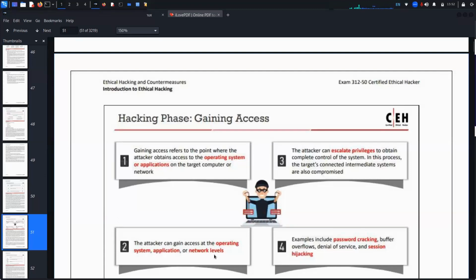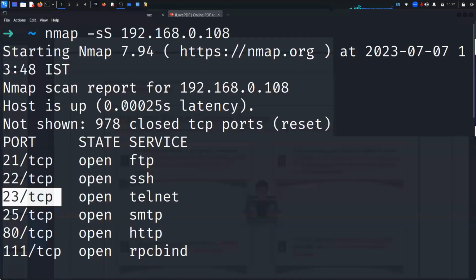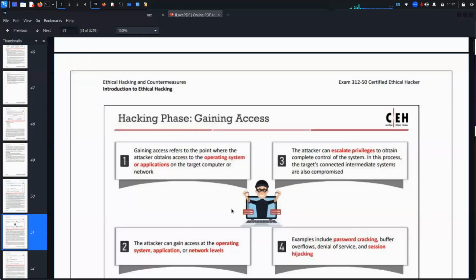The attacker can gain access at the operating system, application, or network level. So there are three entry points for an attacker right here. One is the operating system, using operating system vulnerabilities; an application, using all of these services that we saw running for the application; and the network level as well, where we connect to the local area network for the machine that we are trying to access.